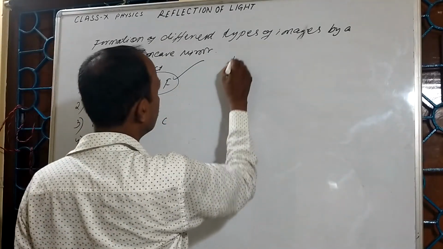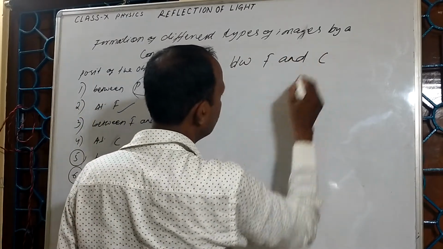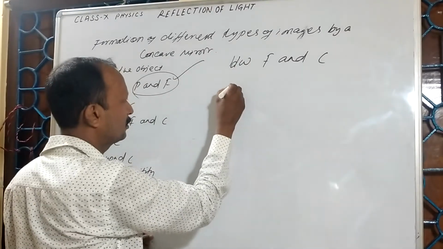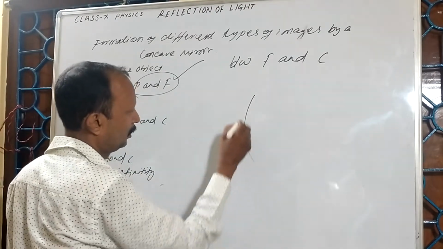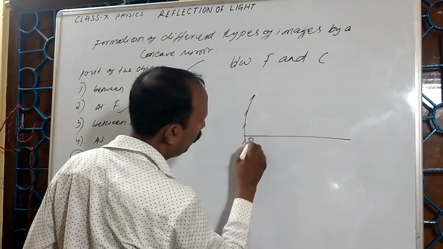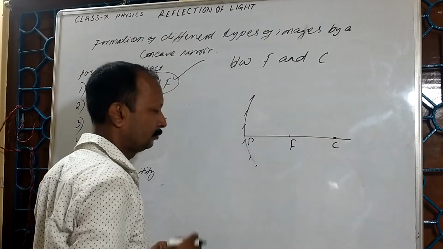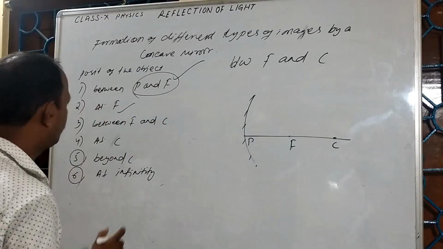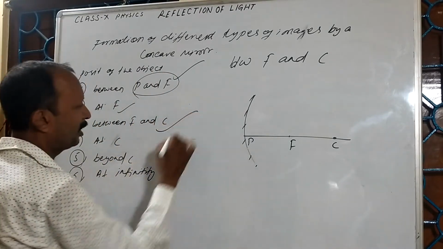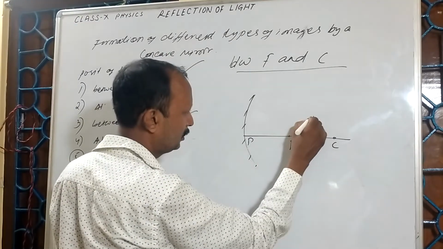between F and C. The object between F and C. So this is the mirror, pole, focus, center of curvature. Now the object is between F and C. That means the object is here.